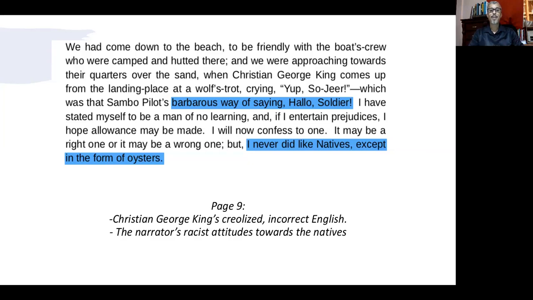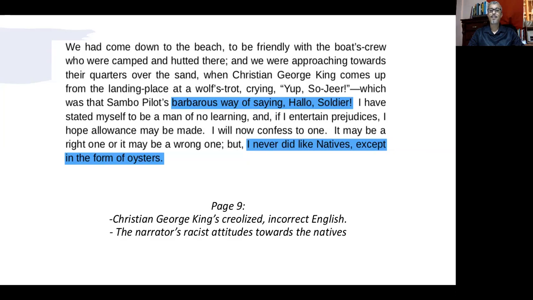Wolf's trot, like describing him like a wolf, like an animal here. This is kind of dehumanizing him, turning him into an inhuman creature, or an animal. Yep, Jir, which was that Sambo pilot's barbarous way of saying hello, soldier.